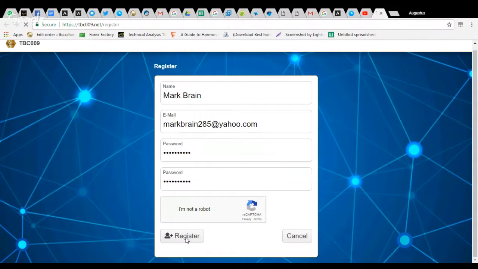Have to make sure your password is correct.